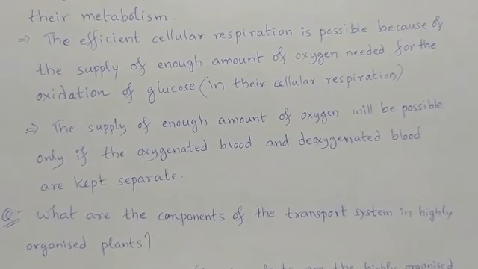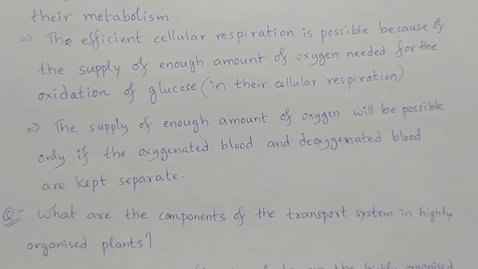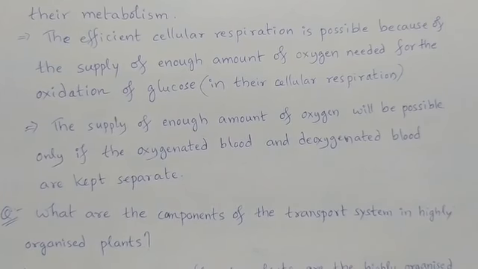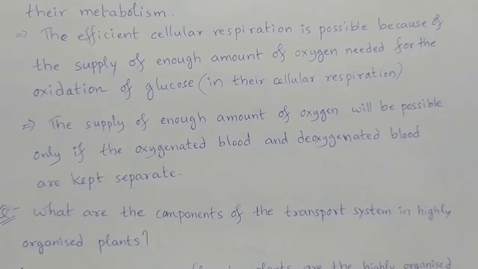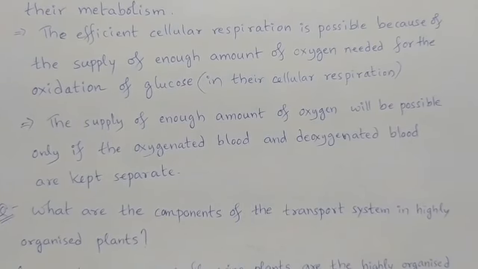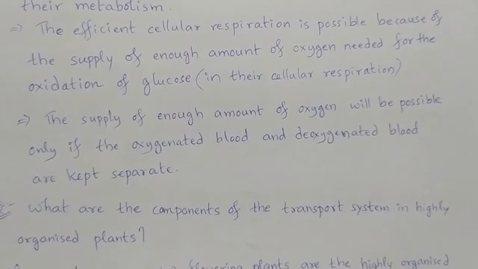The efficient cellular respiration is possible because of the supply of enough amount of oxygen which is needed for the oxidation of glucose in their cellular respiration. So if enough amount of oxygen is supplied, enough rate of cellular respiration is carried out.